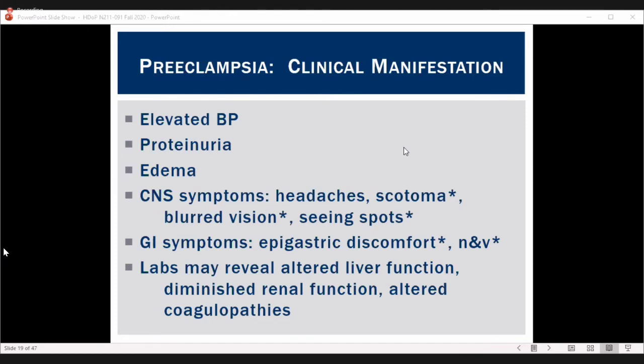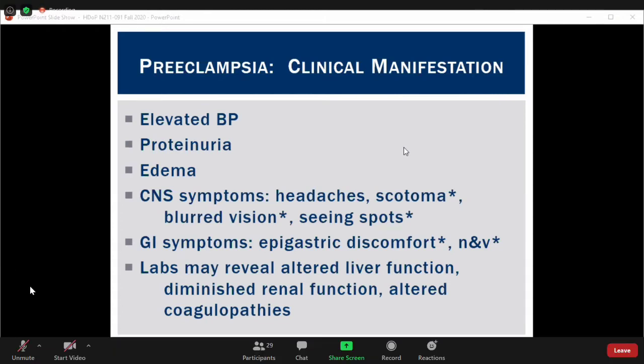So when you look at your labs, altered liver function, again, your ALT, AST, other liver function studies, your liver enzymes will be altered. Diminished renal function. How do you know that the renal function is diminished? How are you assessing diminished renal function? It's urine output, yeah. So the urine output of what?